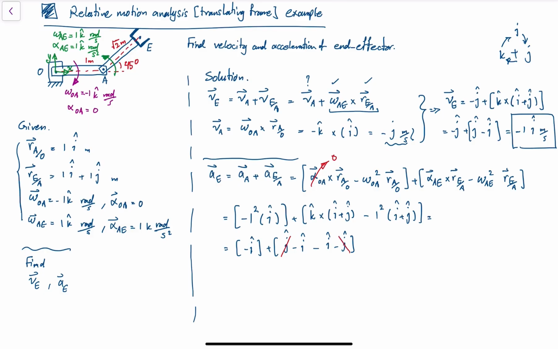This J and that J cancel out. I have 3I left. And that is, no, not radians, meter per second squared.